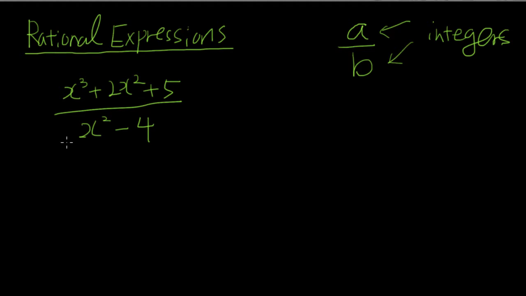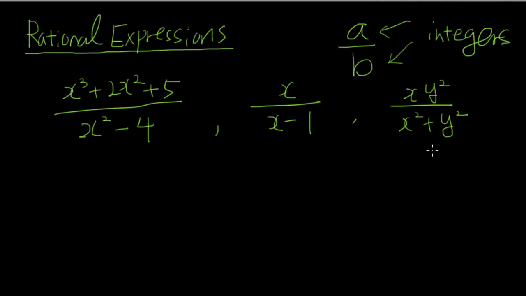Another example would be x over x minus 1. Sometimes we have more than one variable, so it's possible to have something like xy squared over x squared plus y squared. All of this is considered rational expression.